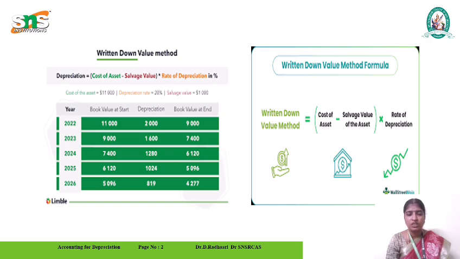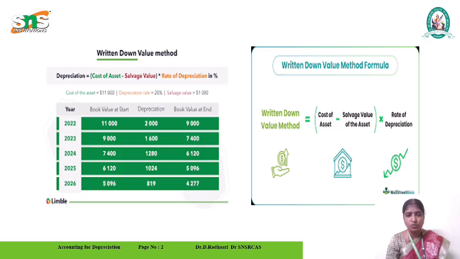The written down value method of depreciation is calculated from the cost of the asset, the salvage value and the rate of depreciation. We want to know the percentage of depreciation year to year, what amount we are calculating and how the amount goes down over the series of years. Take the years 2022, 2023, 2024, 2025 and 2026, a period of 5 years.